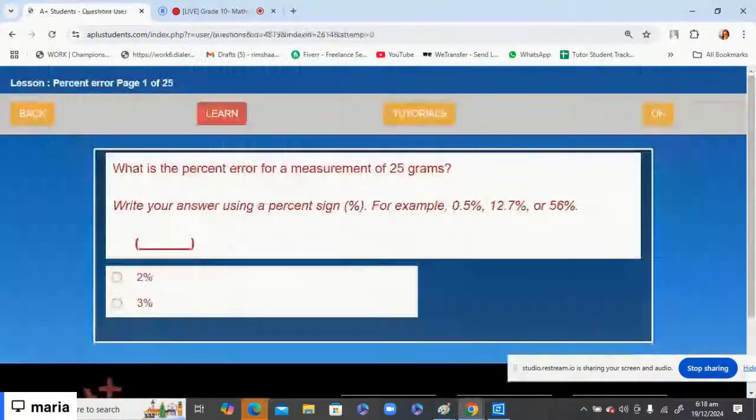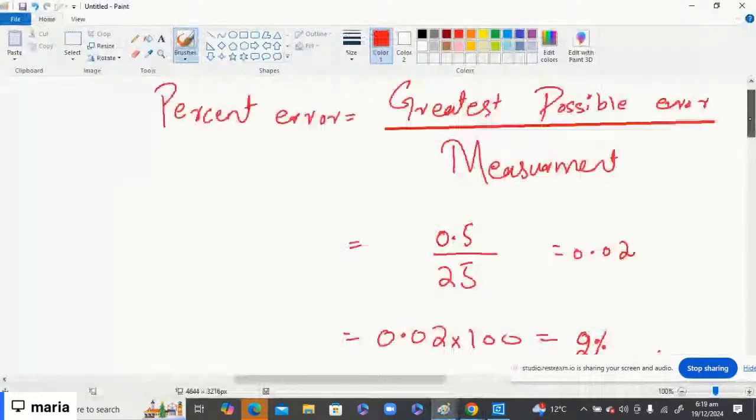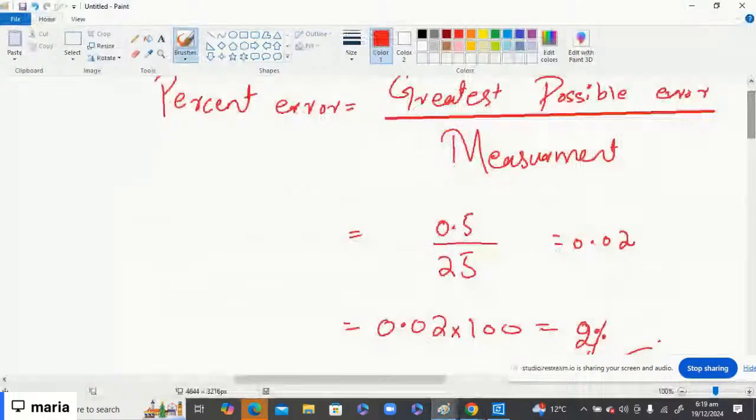Let's do some test questions. What is the percent error for the measurement of 25 grams? This is the same way. First, you put the percent error formula: the greatest possible error over the measurement. The greatest possible error is 0.5. The measurement 25 is given. Just divide it, then you get 0.02.